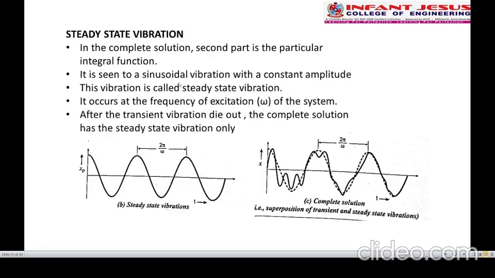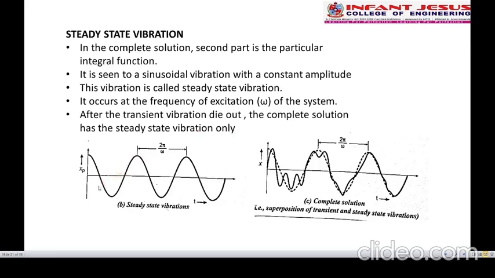It is a constant amplitude in this second part. This vibration is called steady state vibration, and it occurs at the frequency of excitation of the system. After the transient vibration dies out, the complete solution has the steady state vibration only.